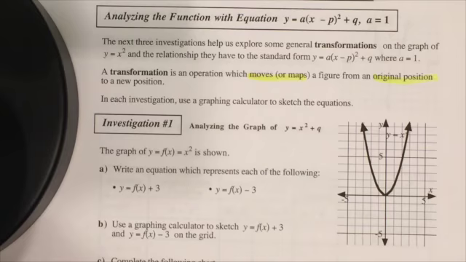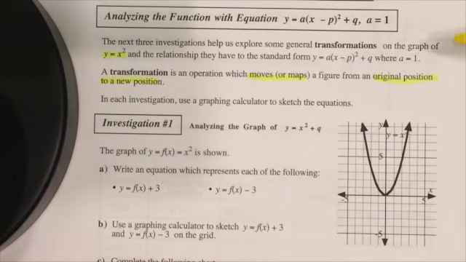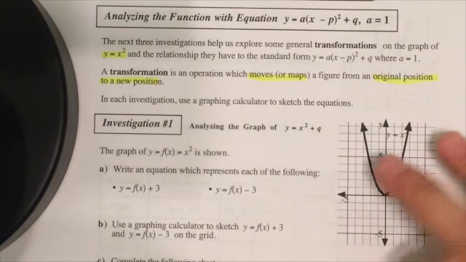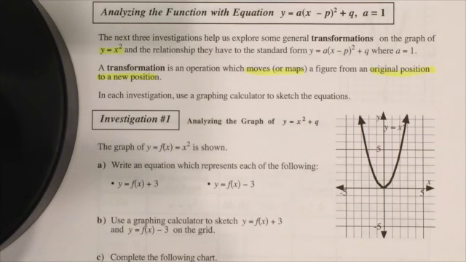Okay, so if we had x squared, and that was our initial operation we were graphing, then that would be considered our original equation, right? But if we were to throw some variables into there, then there are going to be some changes to what that graph is going to look like and what shape it will take on.